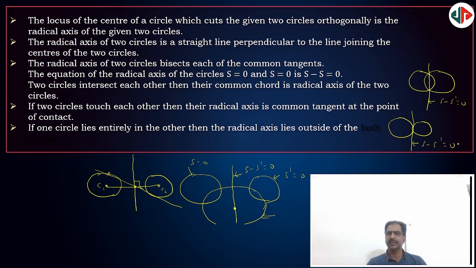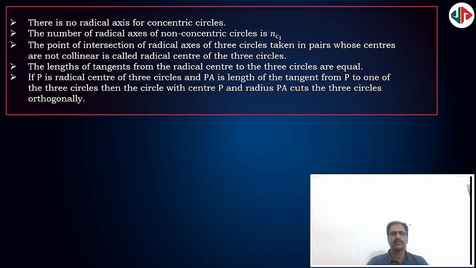So if two circles intersect each other, the common chord is the radical axis. If two circles touch each other, the common tangent is the radical axis. For concentric circles, the radical axis doesn't exist. Suppose two circles have the same center like this, the radical axis doesn't exist for this.